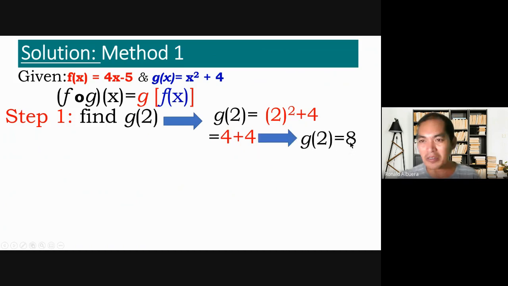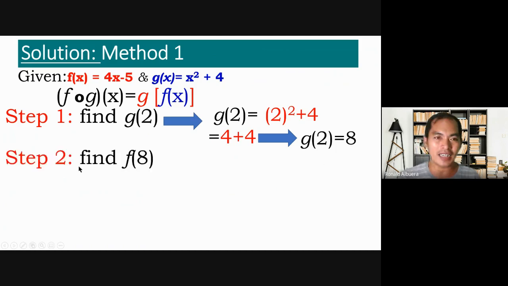Tapos, itong 8 naman, yan ang magiging x ng f as our second step. F of 8. Hindi na siya f of 2. Kung ano yung sagot sa g, yun ang magiging domain or yun ang magiging value ng x sa f.